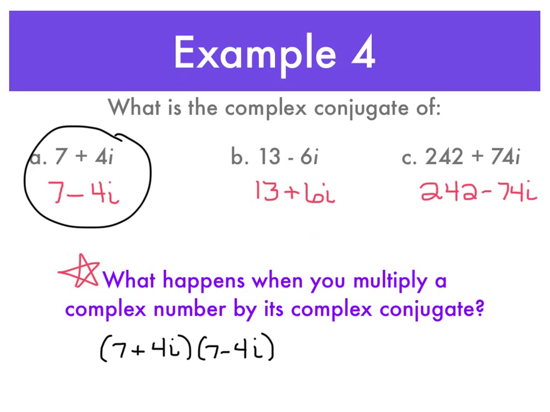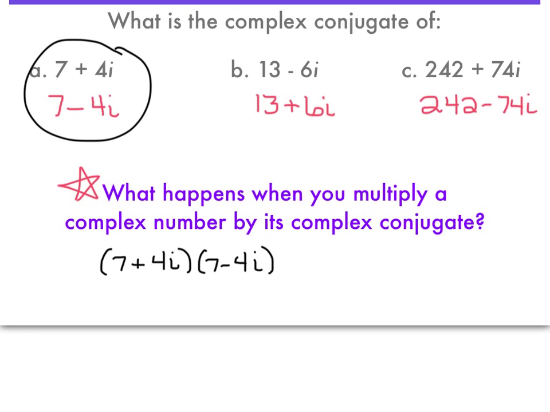Okay, if I FOIL that out, and yes, you could use the box if you wanted to, but I'm just going to FOIL. We'll make my point either way. 7 times 7 is 49. 7 times negative 4i is negative 28i. 4i times 7 is positive 28i.